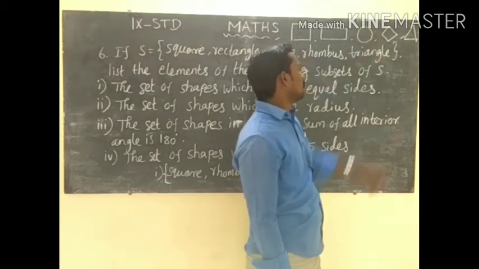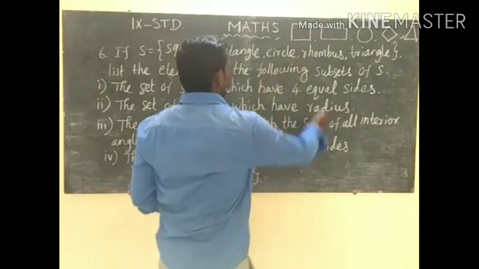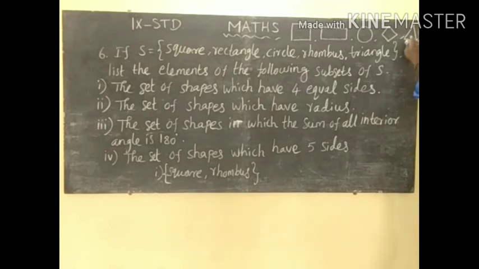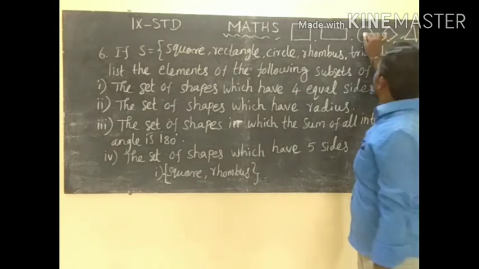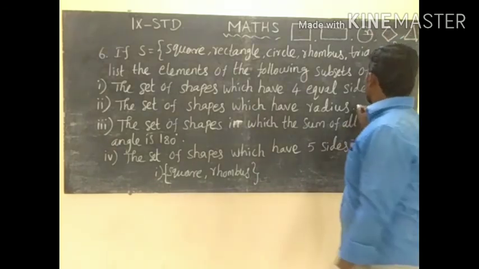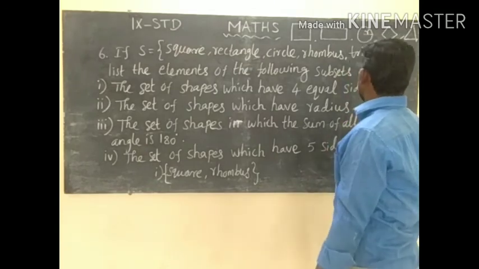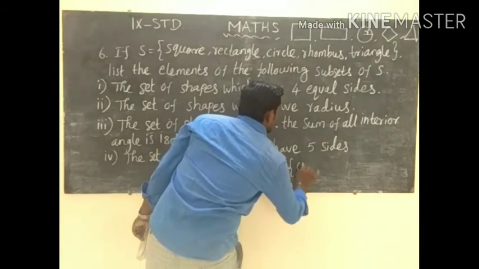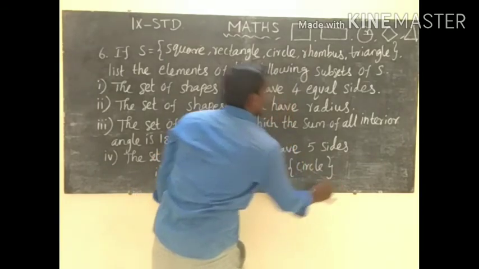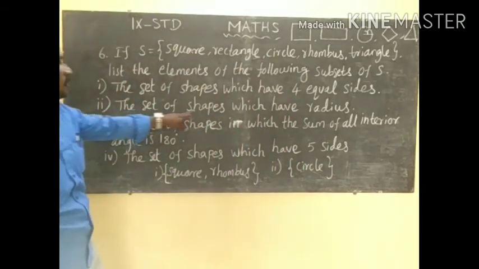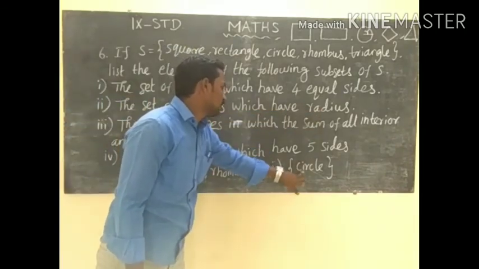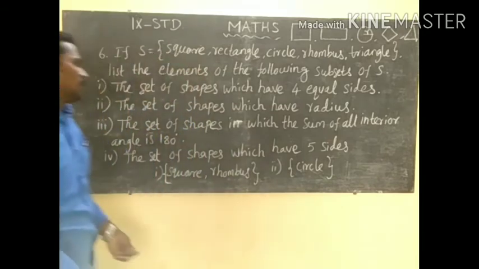So this is the radius. Only this shape has a radius. These two shapes also do not have a radius. So the second question's answer is circle. Which one has a radius? The circle has the only radius.